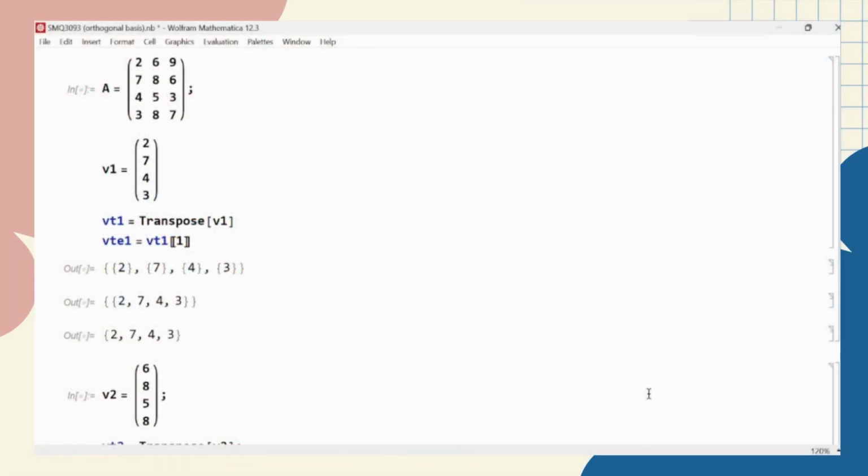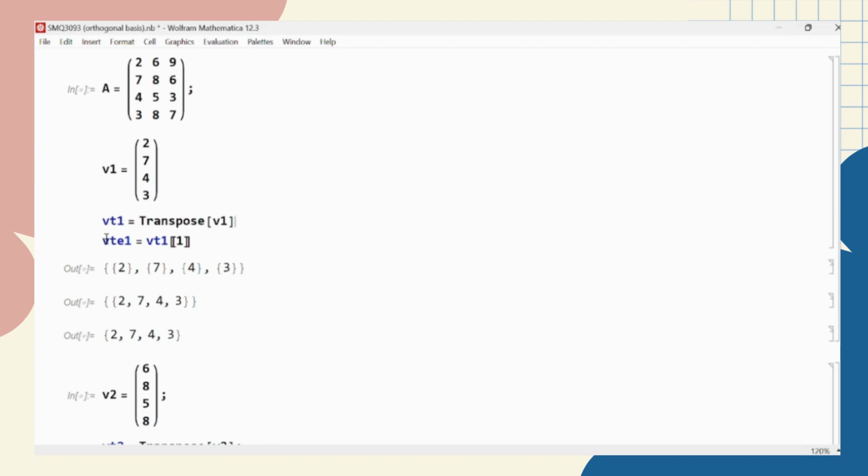Hello everyone, my name is Jorina and I'm gonna explain how to find an orthogonal basis by using the Gram-Schmidt formula. First of all, this is the matrix given from the question, and from this matrix we will get three vectors. But to turn the matrix into vectors, we need to transpose the matrix first.